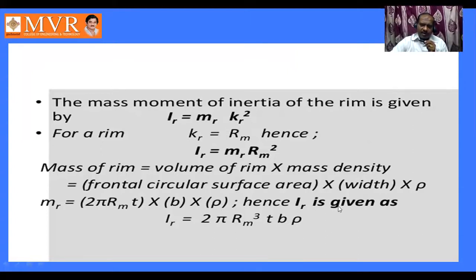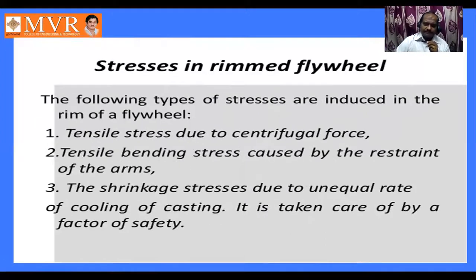Hence I_r is given as, substituting the m_r value in this I_r value, 2 pi r_m cube by t b rho. So by calculating moment of inertia, radius, density of the material, if thickness is known, breadth can be calculated. If breadth is known, thickness can be calculated.